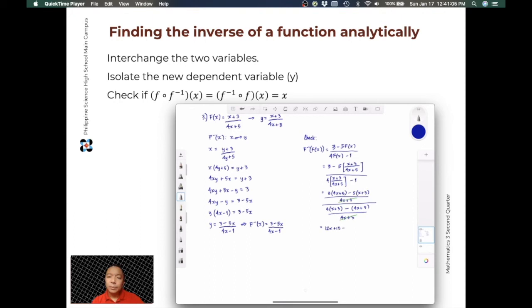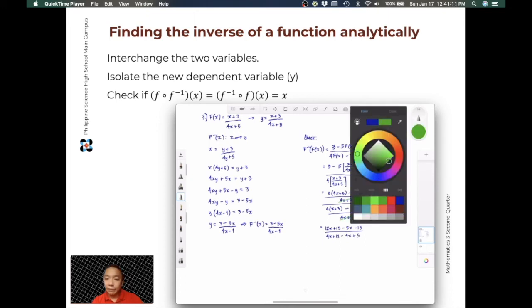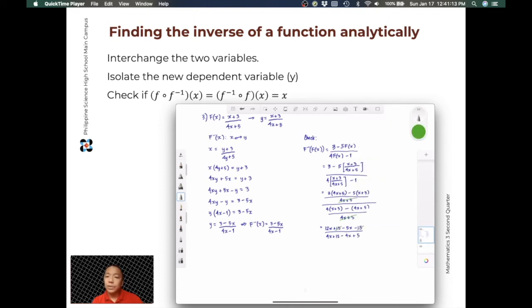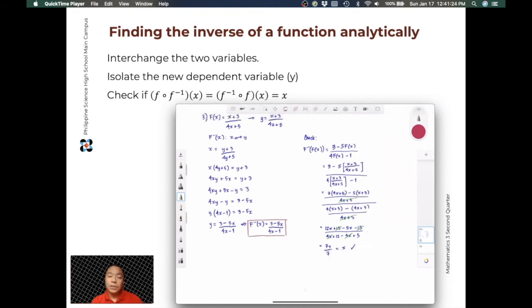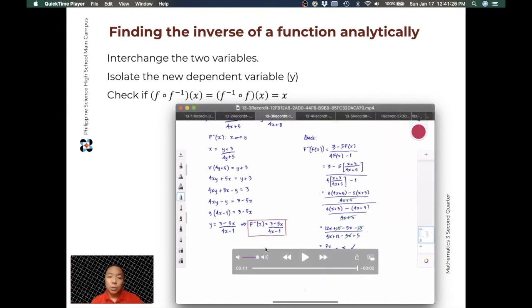We have 12x plus 15 minus 5x minus 15 all over 4x plus 12 minus 4x minus 5. So, we'll have 7x sa numerator and 7 sa denominator, giving us x satisfying the conditions. And we could say that yung nakuha nating inverse kanina, yun talaga yung totoong inverse and our answer is correct.